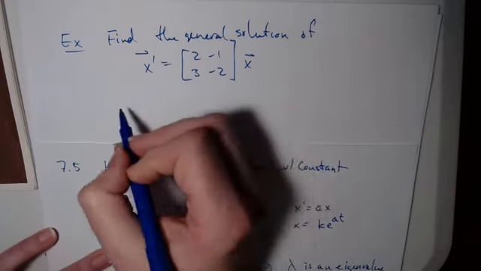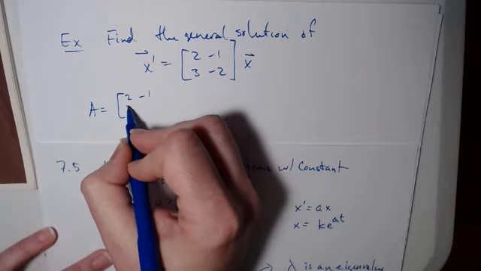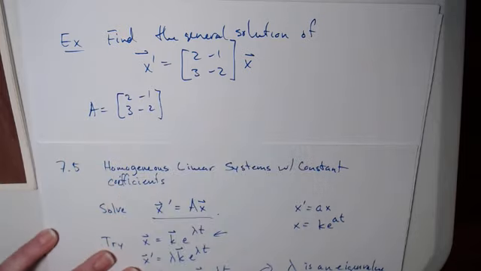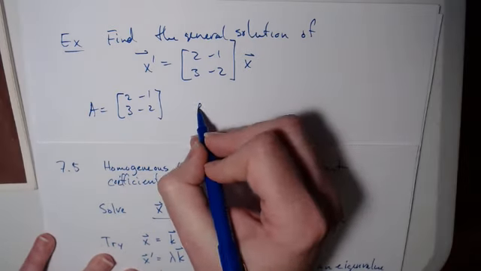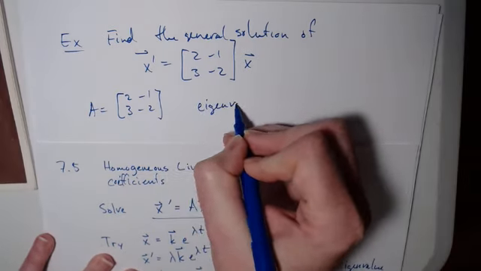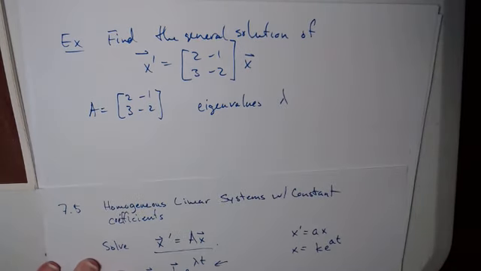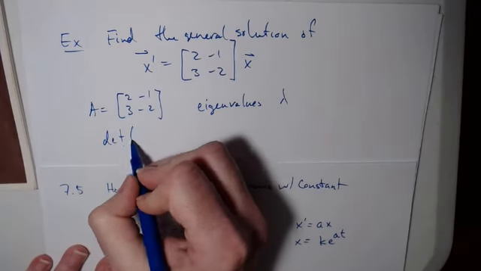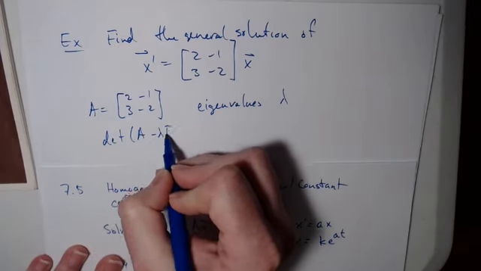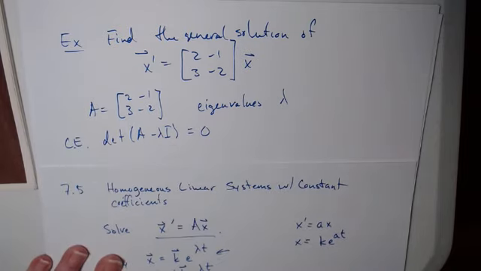So A equals [2, -1; 3, -2]. And we're looking for the eigenvalues. And remember, the eigenvalues are lambda, which are the solutions of the characteristic equation, determinant of A minus lambda I equals 0. That's our characteristic equation.